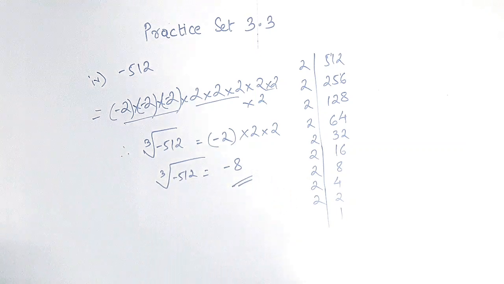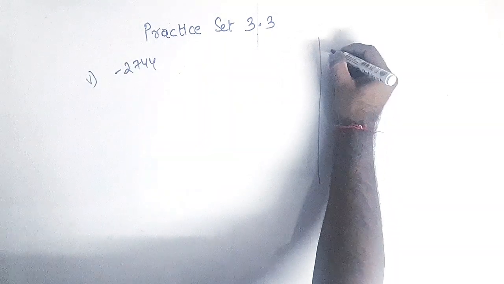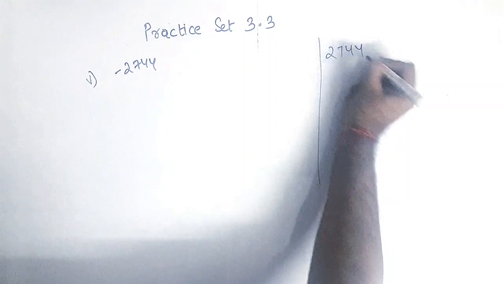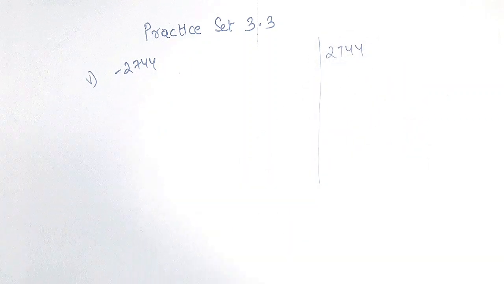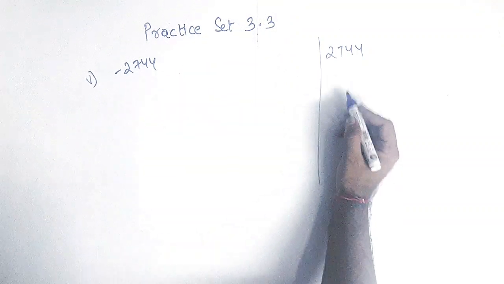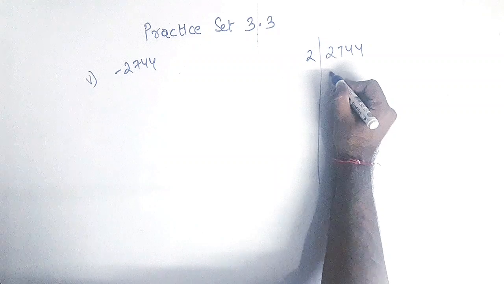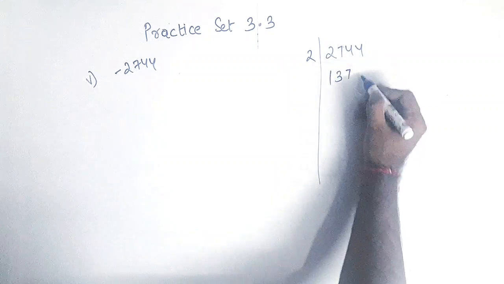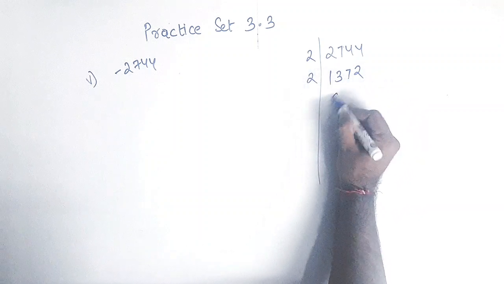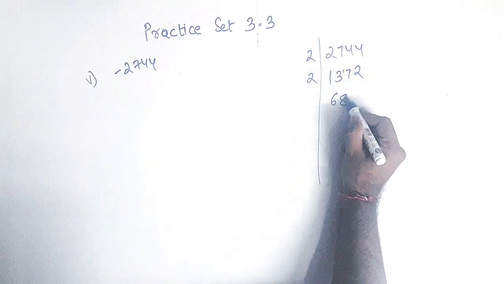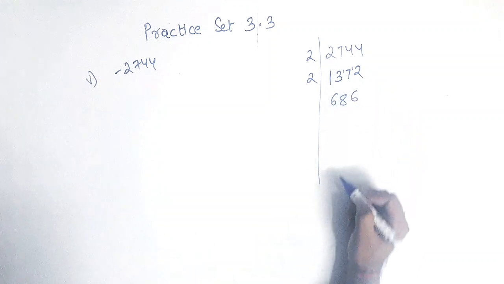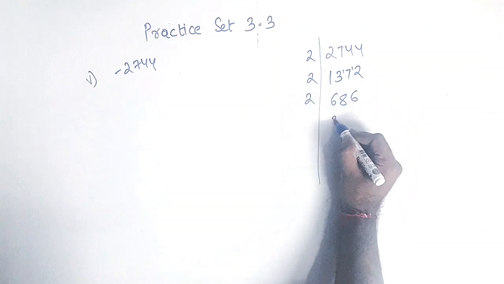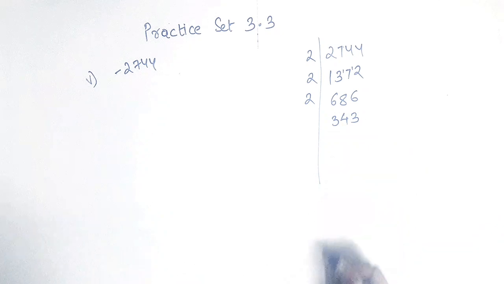Then the fifth one is minus 2744. So I'll write here 2744. This is divisible by 2. 2 ones are 2, 2 threes are 6, 1 remains, 14, 2 sevens are 14, 2 twos are 2, 6 are 12, 1 remains, 2 eights are 16, 1 remains, 2 sixes are 12, 2 and 343.